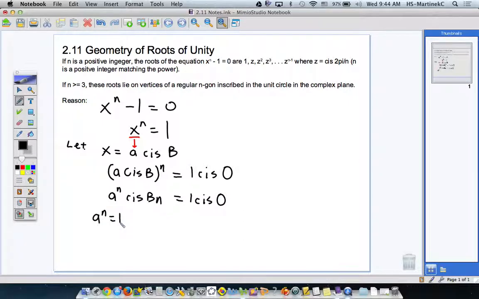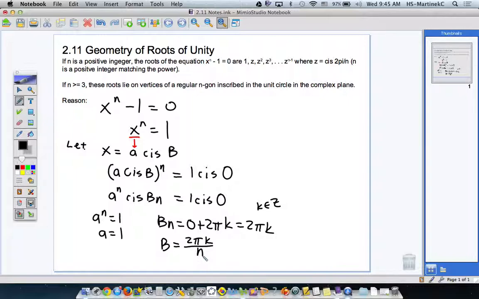A to the nth is 1, and B times n equals 0 plus 2 pi k, where k is an integer. If we take the nth root of 1, that is just 1, so our magnitude's 1, and our argument that goes with that is going to be 2 pi times some integer divided by n.